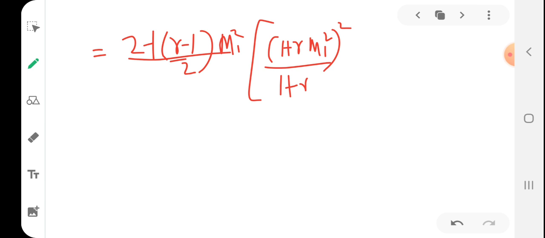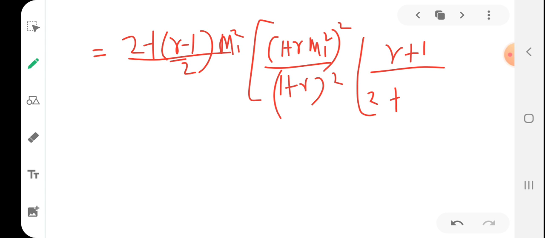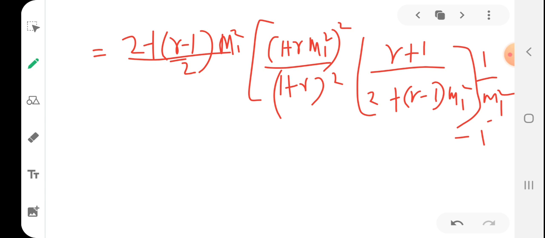And (1 plus gamma) whole square into, if you simplify that, (gamma plus 1) by 2 plus (gamma minus 1) M1 square, into (1 by M1 square minus 1).